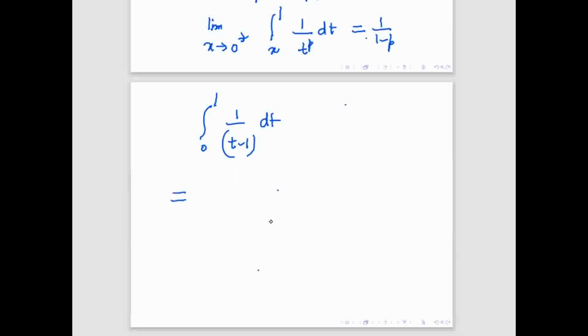That means this is equivalent to limit x tending to 1 minus of the integral from 0 to x of 1 upon t minus 1 dt, because after 1 we don't know anything. That is beyond the limit of t. But in case of infinity, because we can go to infinity plus and even infinity minus, we directly write x tending to infinity or x tending to minus infinity. But here we cannot write that because it is not part of the domain.